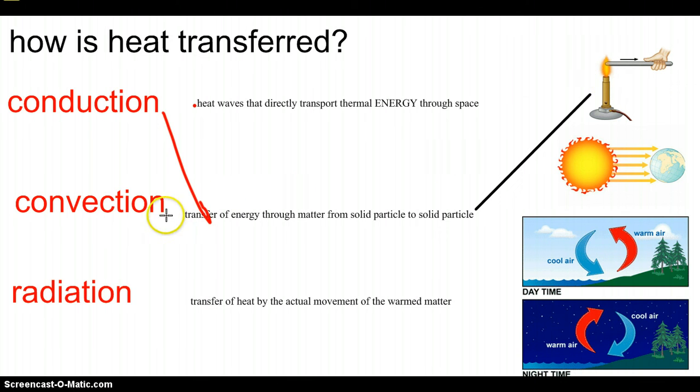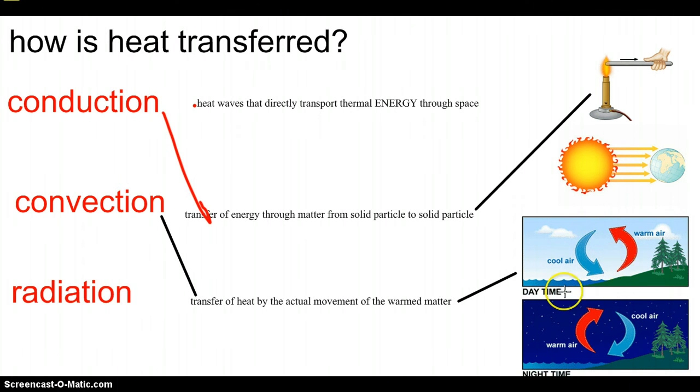Convection. Convection is the transfer of heat by the actual movement of warmed matter. So that matches this definition, and that is going to match this picture. In convection, we have air that is warmed as it rises, because it's less dense warm air. Then it begins to cool, and as it cools, it sinks back down to the bottom.